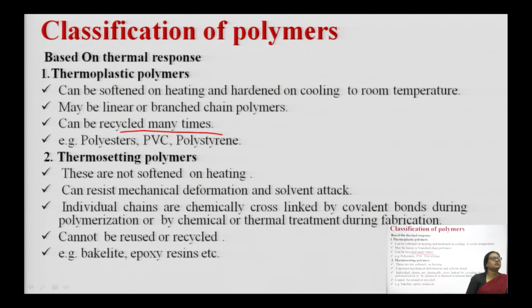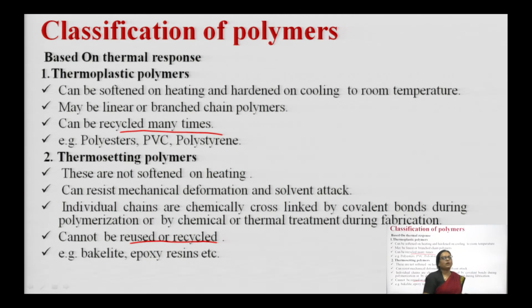Examples: polyesters, PVC, polystyrene. Whereas thermosetting polymers are those which are not softened on heating. As a result, these polymers are not remoldable or reusable. They cannot be recycled. Examples: bakelites, epoxy resins, etc.